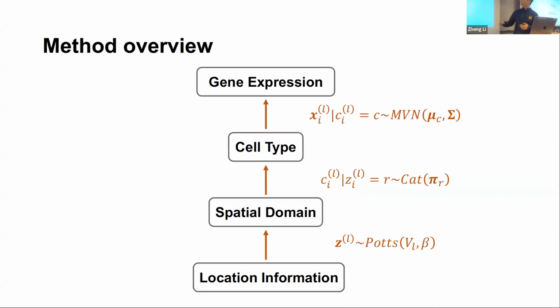These 3 models essentially link the 4 components, the gene expression, cell type, spatial domain, and location information together. This way, the inference of the cell type and the spatial domain can be connected together and end up helping us to improve the effectiveness of both of these analyses.